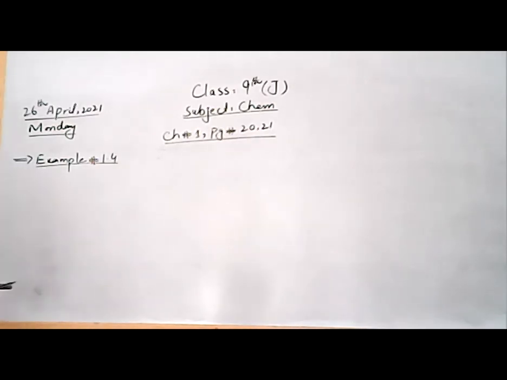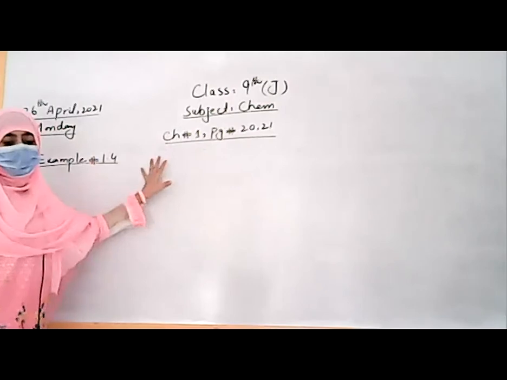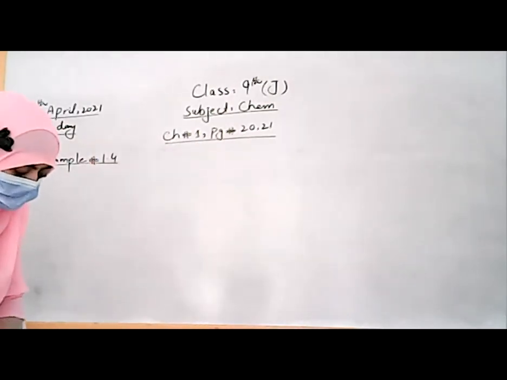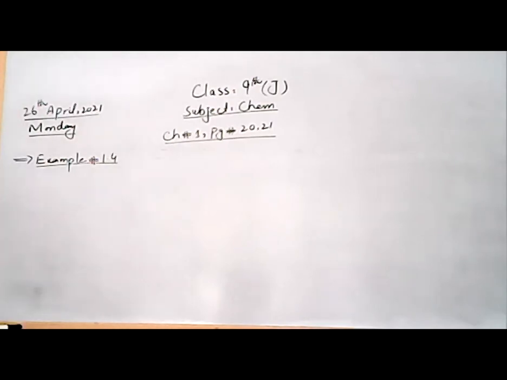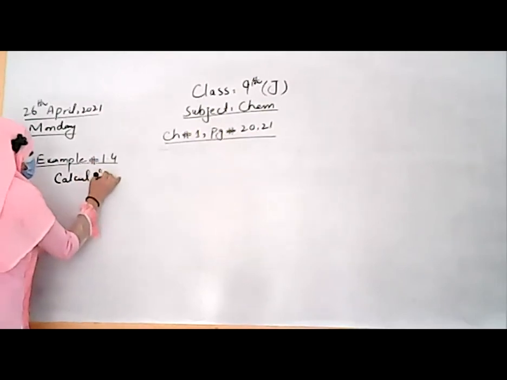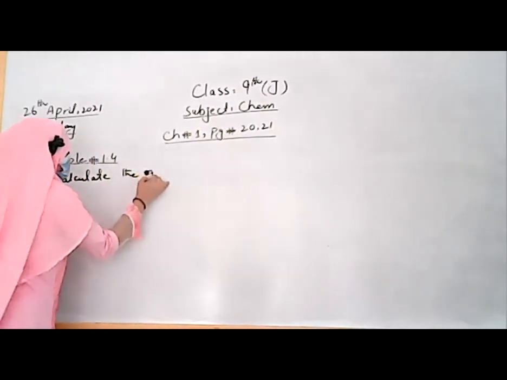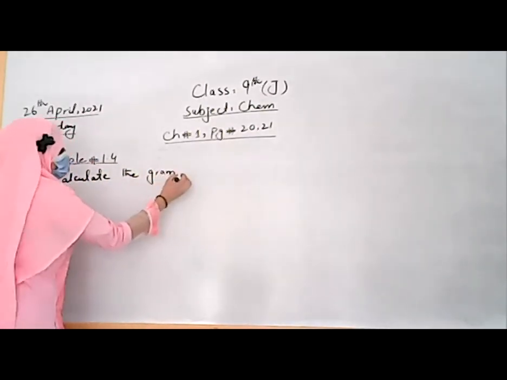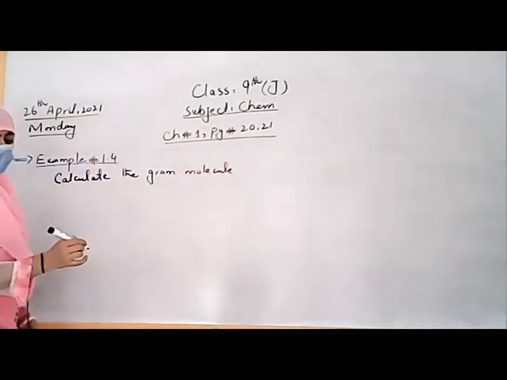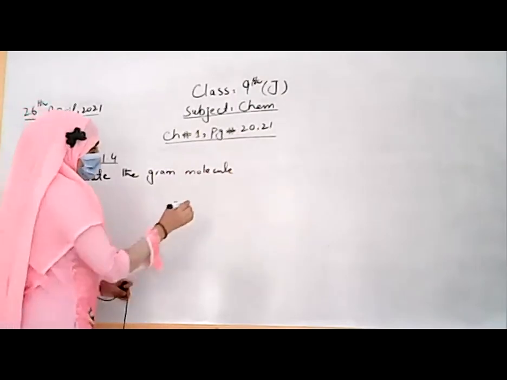Today we will discuss chapter number 1, pages number 20 and 21. On page number 20, there is example 1.4. The example is: calculate the gram molecule, that is the number of moles.